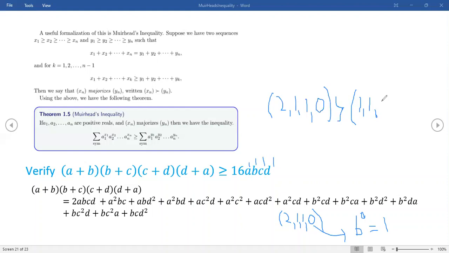Now it's greater in the sense described right here. Notice you have to have equality when you add them all up. When you add them all up, you get 2 plus 1 plus 1 plus 0 is equal to 1 plus 1 plus 1 plus 1.